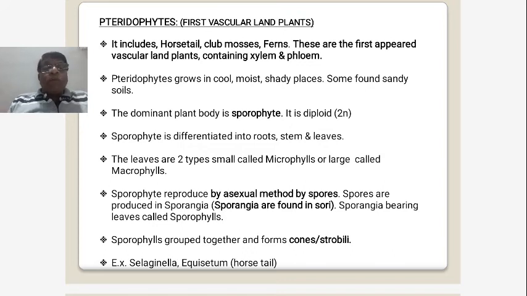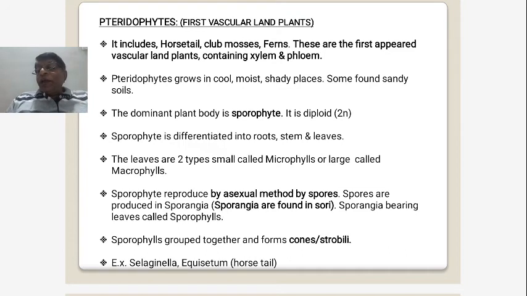The spores are produced in sporangia, sporangium singular. During asexual reproduction, the spores are formed after meiosis. Okay, that's why the plant body is called sporophyte.